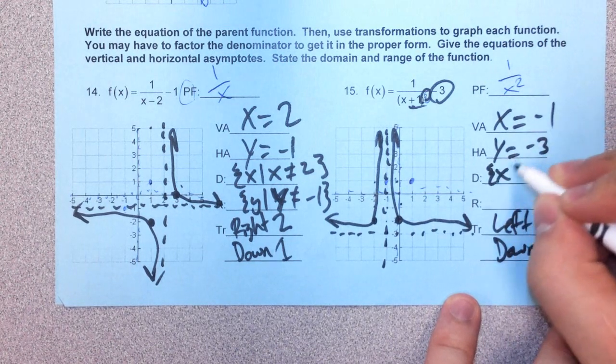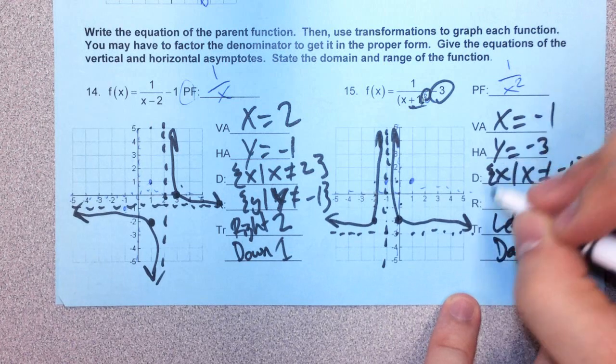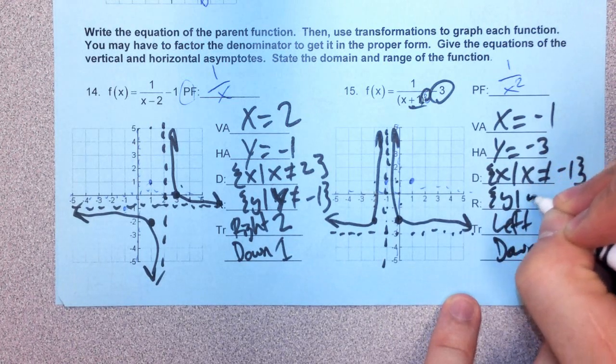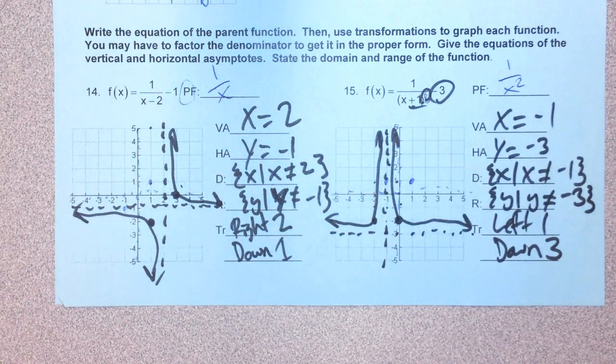Domain is what we're excluding, which is -1. Range is also what we're excluding, which is -3. Okay, so those are our basic parent function shifts from those two.